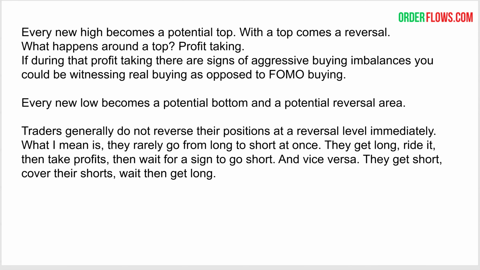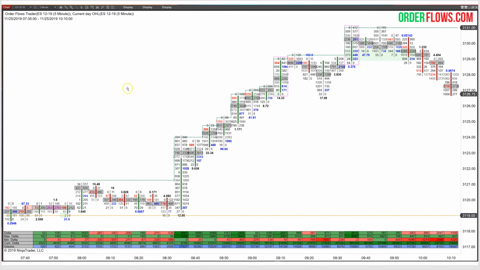But more often than not, you hit a high, market goes sideways, as traders are determining, is this high going to hold and are we going to reverse, or is this high just sort of a waiting area before we take out the highs and make new highs? Same thing with the low. So for example, here, this is the S&Ps.